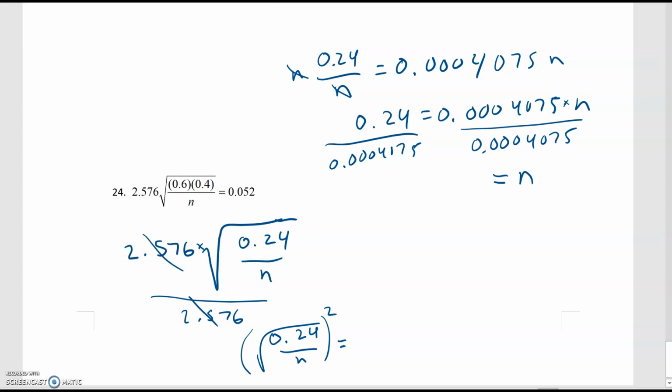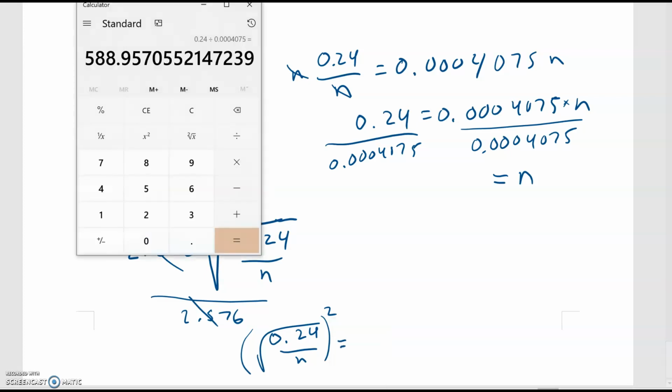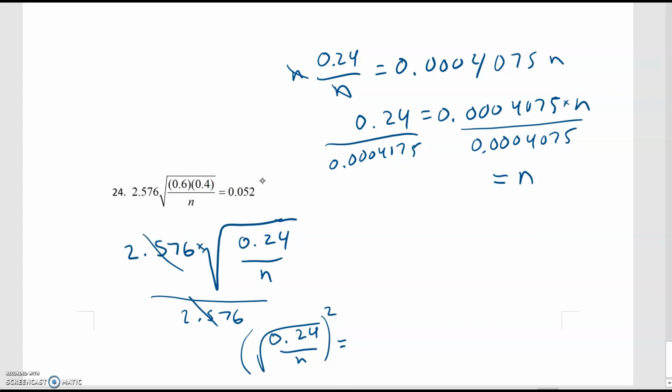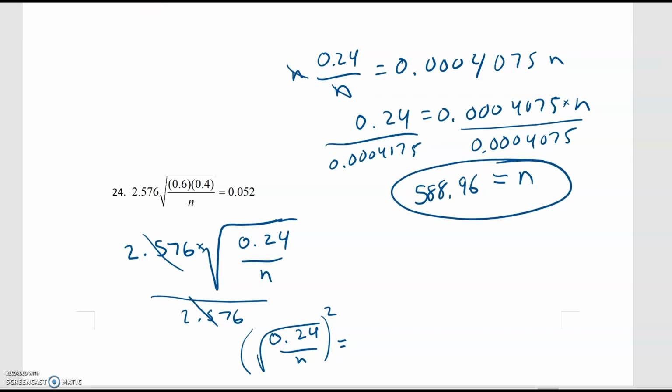I'll just round this to 588.96. Should be good enough. Okay, back to the pen. 588.96. There's the answer.